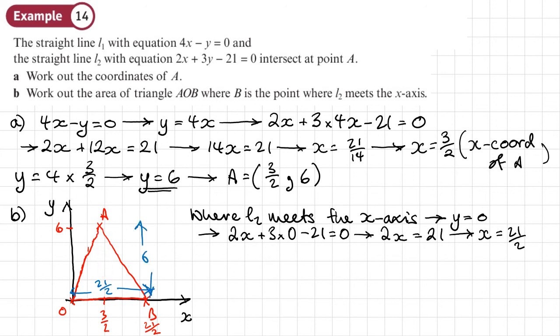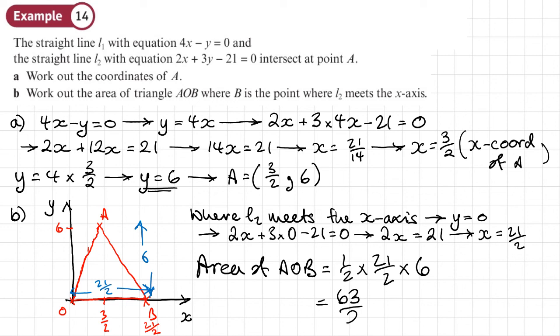And we just use half base times height. So area of AOB equals half base times height. And that gives us an exact answer of 63 over 2 square units.